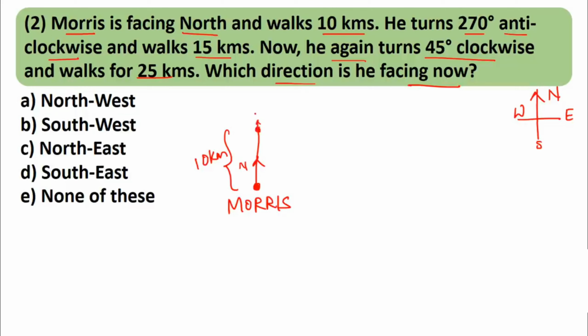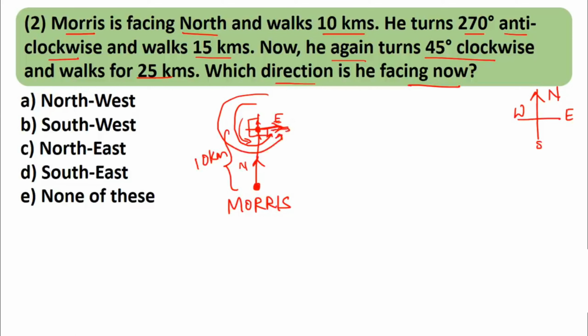This is anti-clockwise and Morris has to go 270 degrees. This is 90, this is 180, this is 270. So now Morris turns like this and is facing in this direction. What is this direction? East. So Morris turns anti-clockwise 270 degrees and now is facing this direction, right?